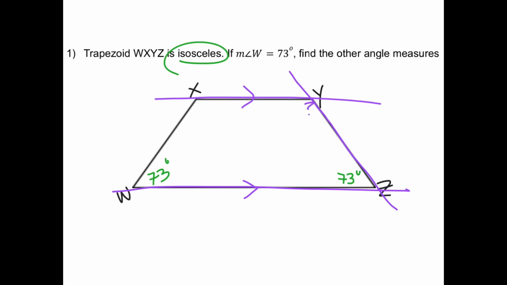If I needed to find this angle in here, I could take 180 and subtract 73 to get 107. I'm doing this because of the concept of two parallel lines cut by a transversal and the same side interior angles being supplementary. So I have 107 degrees here, and then again, because it is isosceles, I have 107 degrees there.